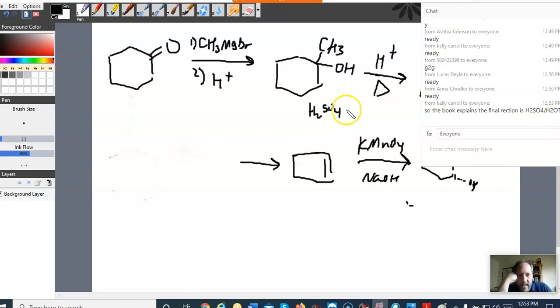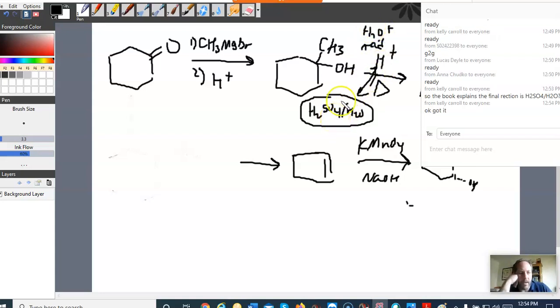And it's still an acid. It's in water. So remember we said that sulfuric acid and H plus are the same thing. So if you wanted to put H2SO4 in water, that's fine. If you want to just put H plus, that's fine. If you want to put H3O plus, that's fine. If you want to just put the word acid, that's fine. All those mean the same thing. All right? Okay, yep, no problem.